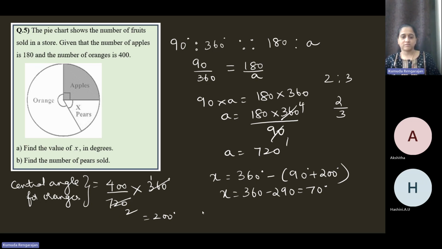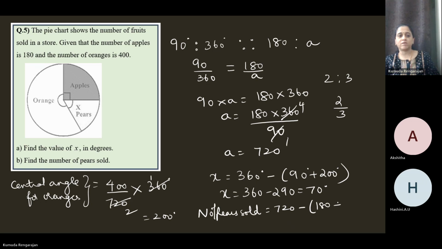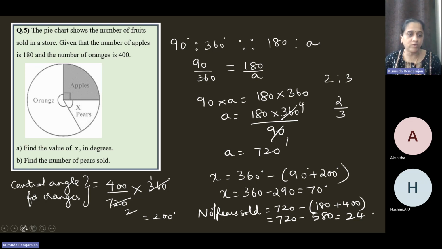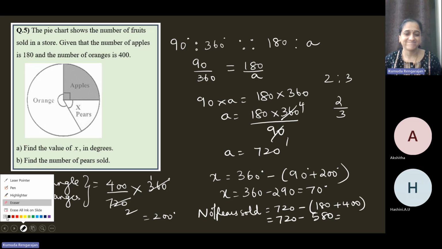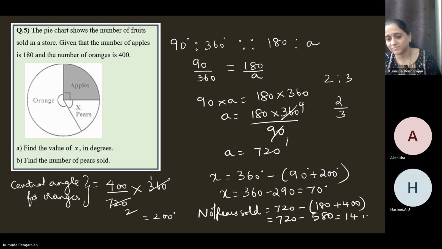The number of pears sold is equal to the total fruits, 720, minus 400 oranges and 180 apples. 720 minus 580. 140.